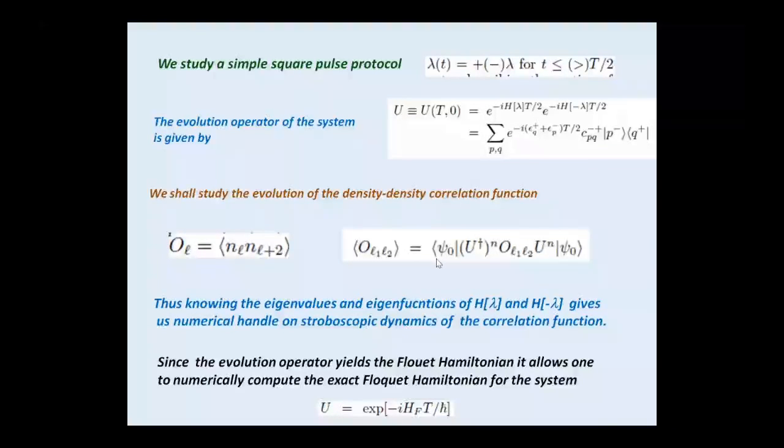The first is that we do this exactly for a finite chain, numerically using exact diagonalization, and that's all the numerical result that one wants to see. And then we are going to construct an analytical but perturbative Floquet Hamiltonian and compare our results with those. Now, what do you do when you have such a protocol?